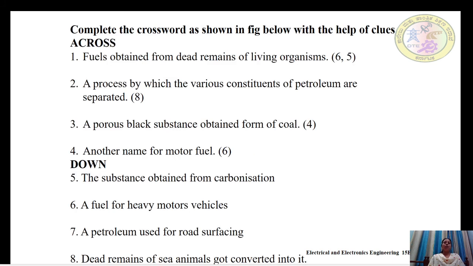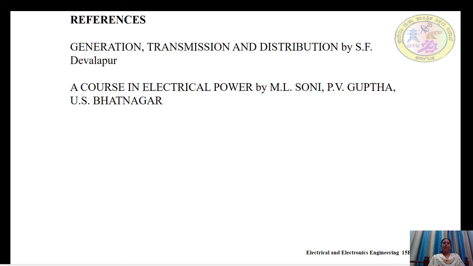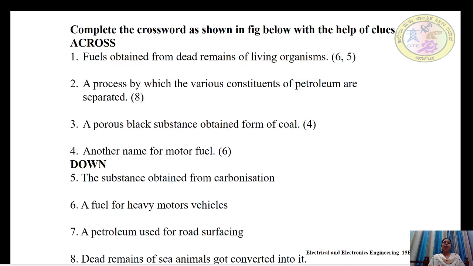And the last question: dead remains of sea animals got converted into. The dead remains of sea animals, millions of years ago under the sea, will be converted into petroleum. So this is about the crossword and the answers.